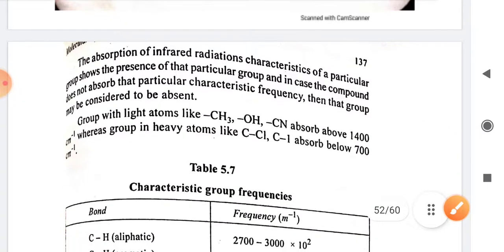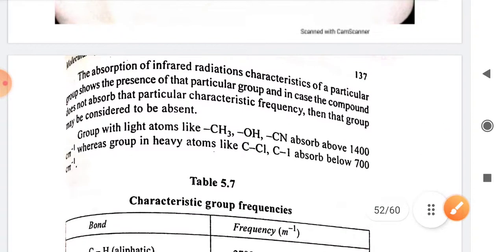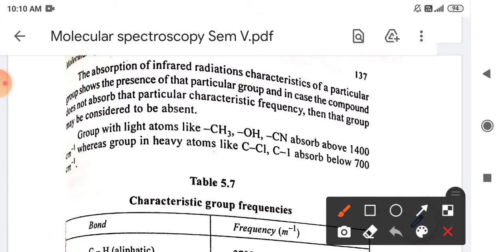So these group frequencies are quite important. The absorption of these IR radiations is characteristic of the particular group, which shows the presence of that group in the given molecule, and it will not absorb radiations other than its characteristic frequency.